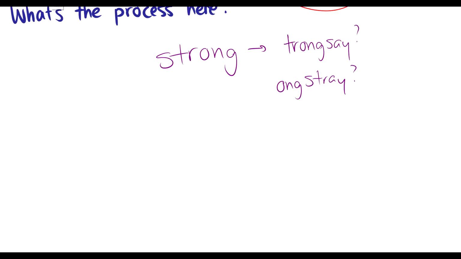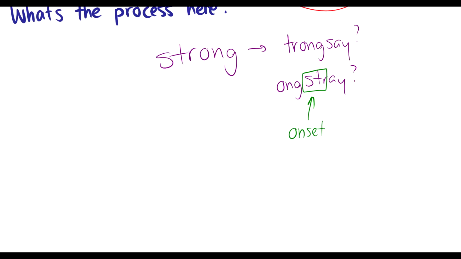The idea here is that English speakers, people who don't know the formal rule, would without a doubt say ongstray. Now what does this mean? This means that the onset in English is real. This onset is a real part of syllable structure.